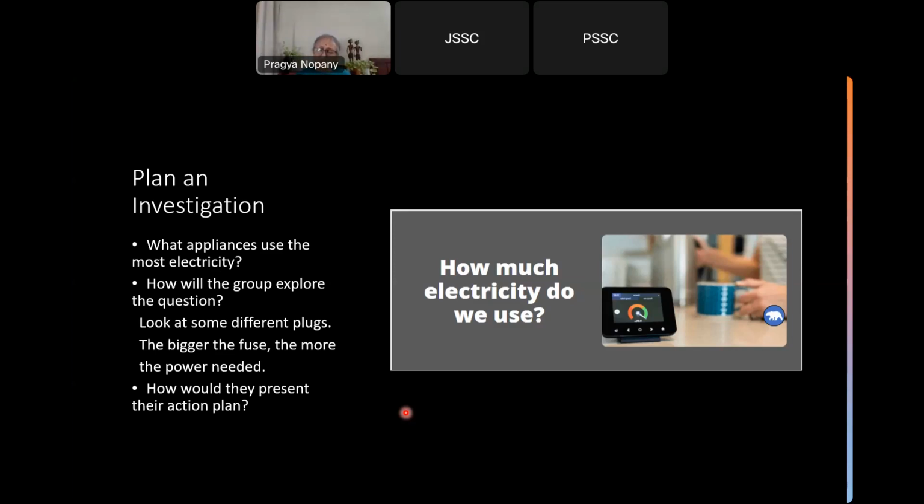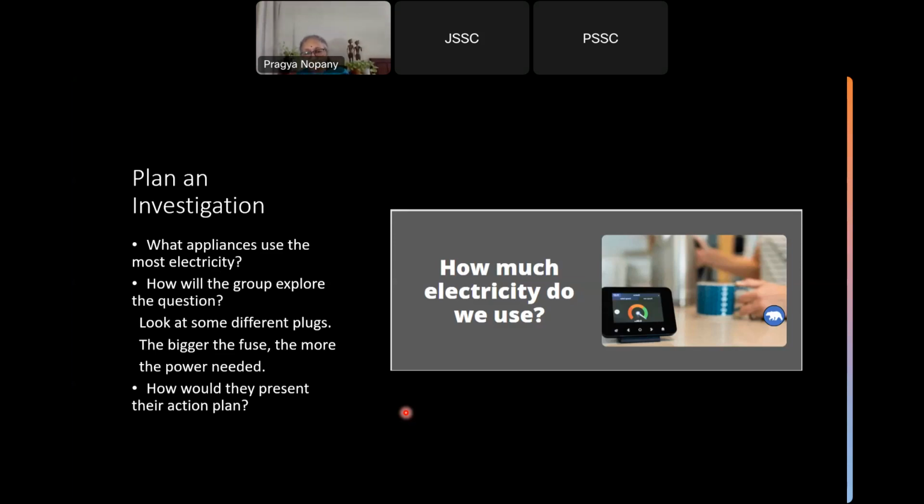And then we might also tell them to look at the things which are written on the tags on every device. Which one of them might tell us how much power this device uses? Is it written somewhere? When they look at different things, they will also figure out what is the voltage written, what is the power written.